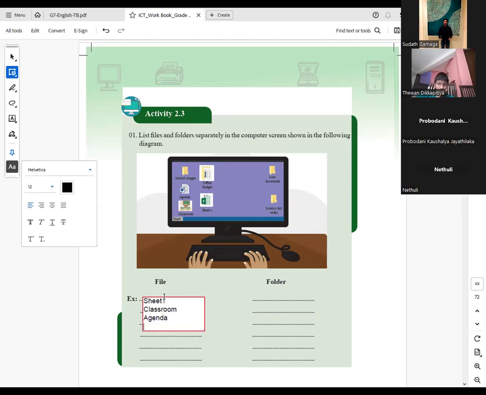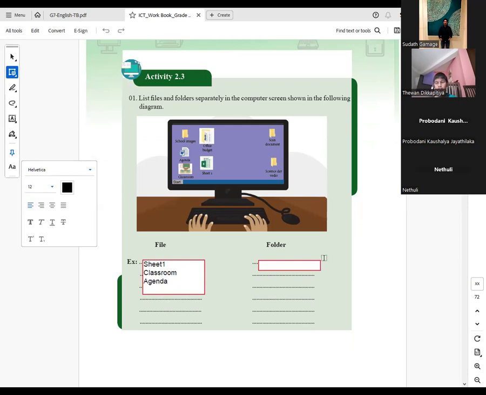Others are folders. We can identify folders by the yellow icon. Office budget is also a folder. Those are folders, no need to write it. You have to write it down.